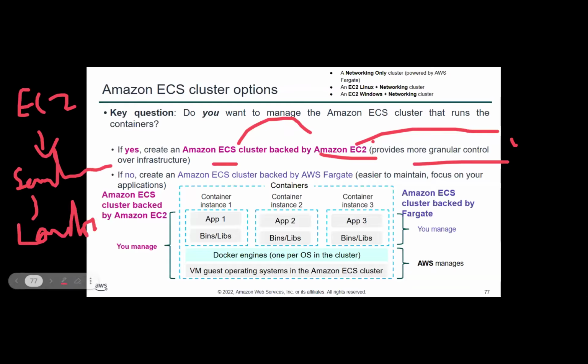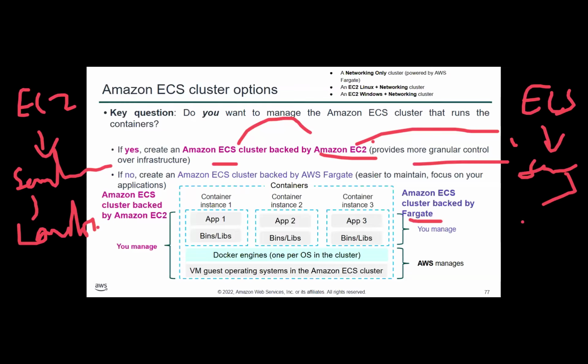Similarly, ECS has a serverless option, that is Fargate. When you use Fargate, you don't need to manage the engine, Docker, and other things. You focus only on your application.